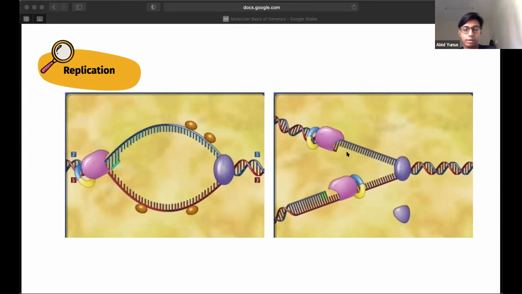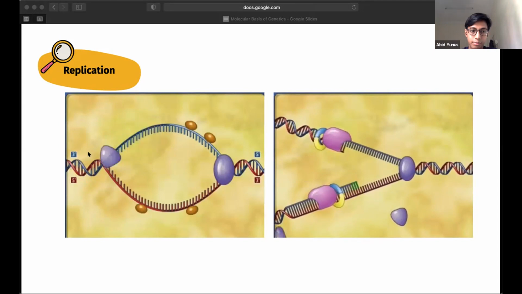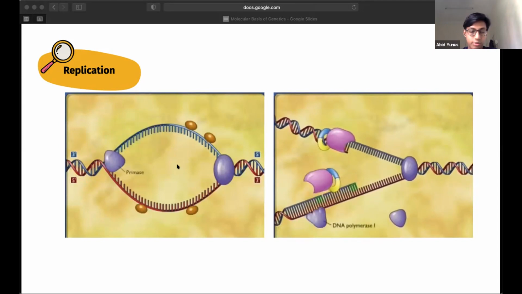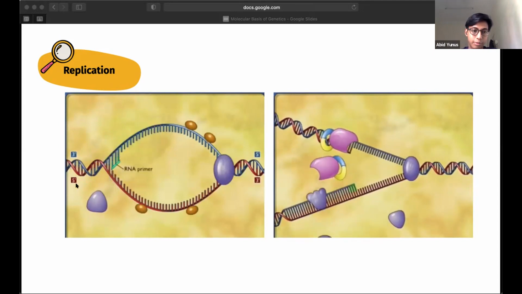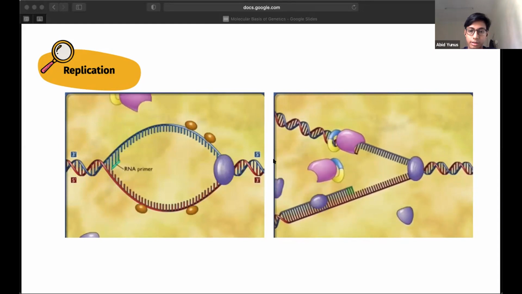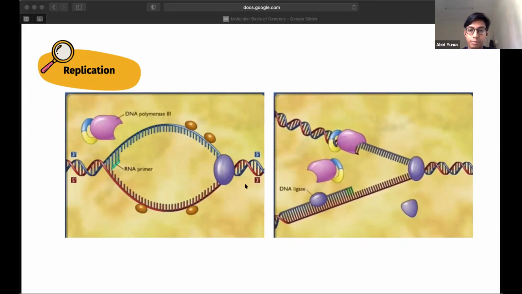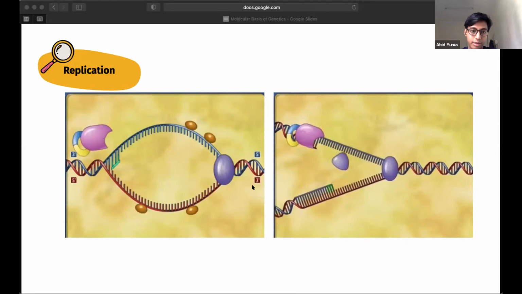An important point to take note of is that the reading is always in a 3' to 5' direction. Reading is 3' to 5' direction. However, the synthesis is done from a 5' to a 3' direction.